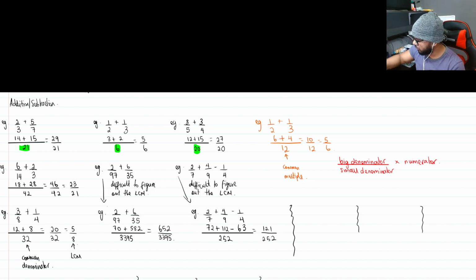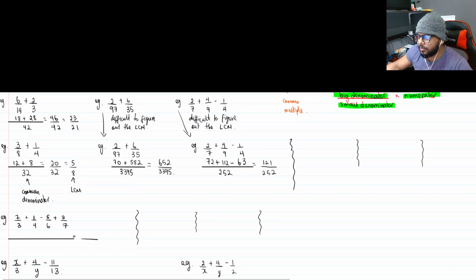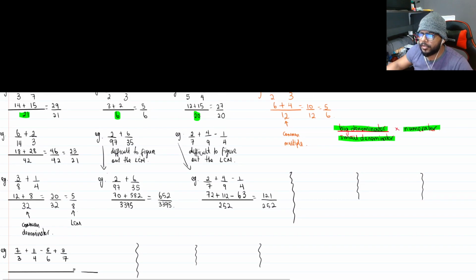Now I want to introduce a concept to you guys that will make life real easy. And the concept is highlighted on the top left here. We have this concept called a big denominator over a small denominator multiplied by a numerator. And I want to introduce that concept down here.